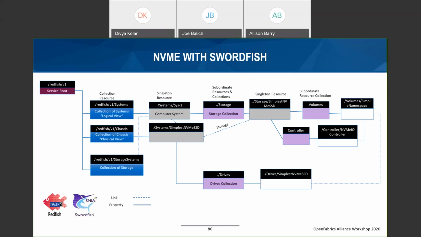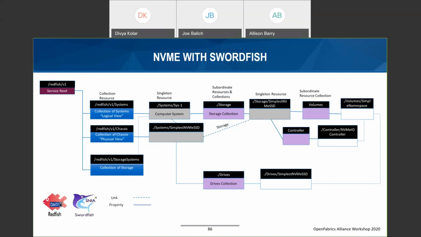Now coming to chassis, under the chassis collection we have the drive collection, and we see that there is a simplest NVMe SSD drive sitting in this drive collection. And we also see that there is a link going from simplest NVMe SSD drive to the simple namespace, which shows that this namespace is being carved out of this drive.